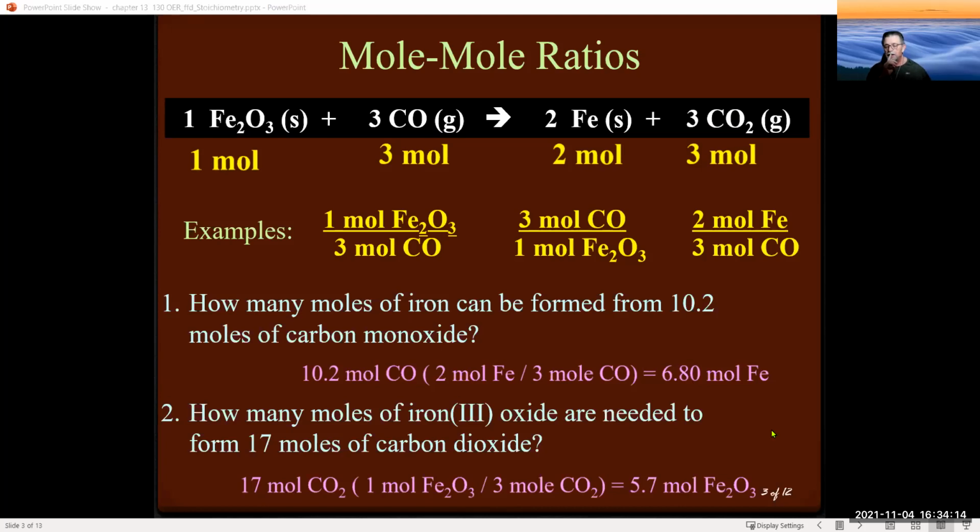Now, right now we're working with just moles, but it's a simple next step to go to grams, because you recall molar mass, atomic mass, has the units of grams per mole, or moles per gram, depending on which one I need to use.